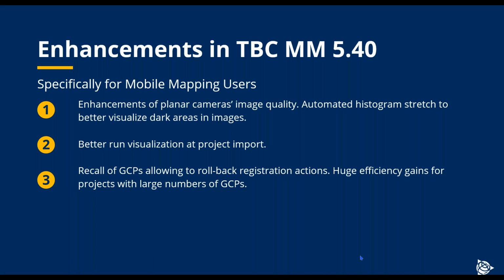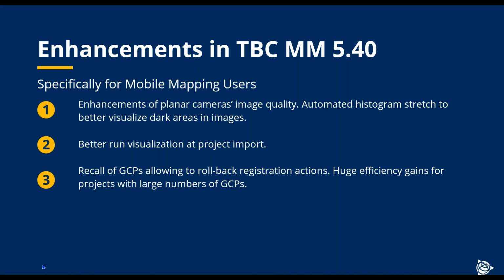For mobile mapping, I will show you some samples on my next slide, but the team was able to achieve a better view of planar cameras for MX9 specifically. Now automatic histogram stretch has been applied, and image areas which were in shadow before, where it was really tricky to recognize features, are now visualized in a much better way.